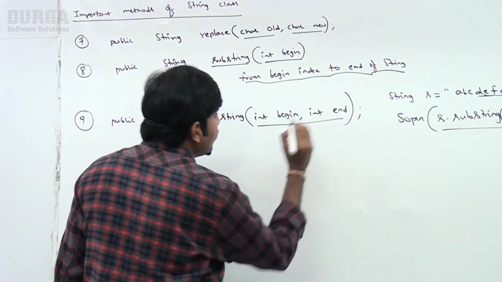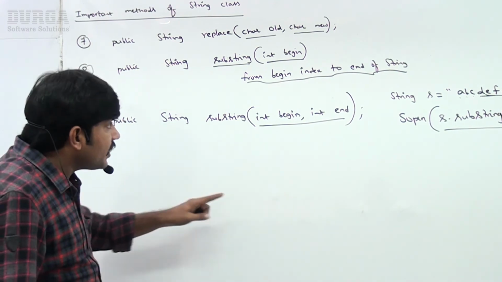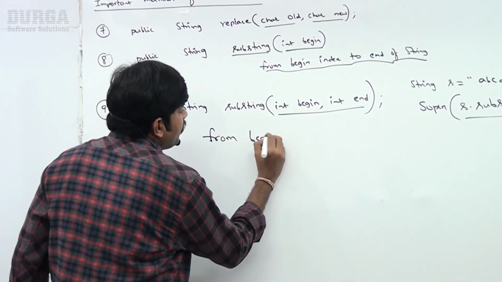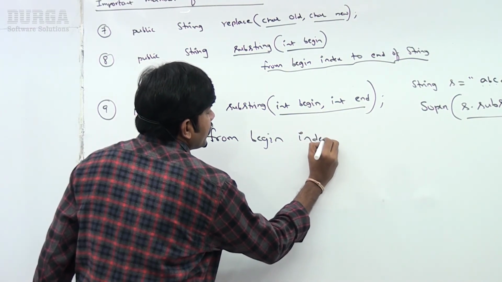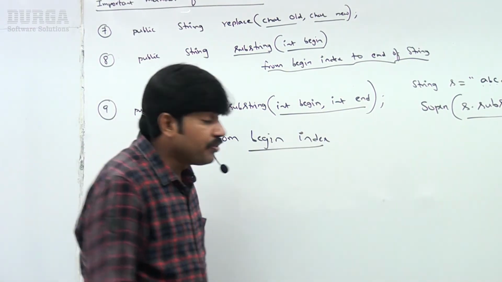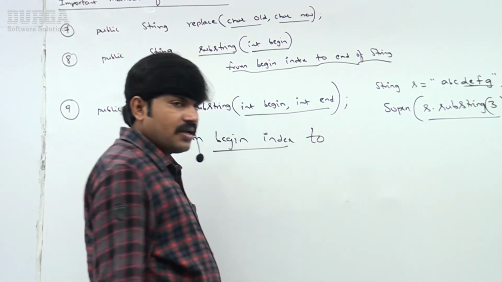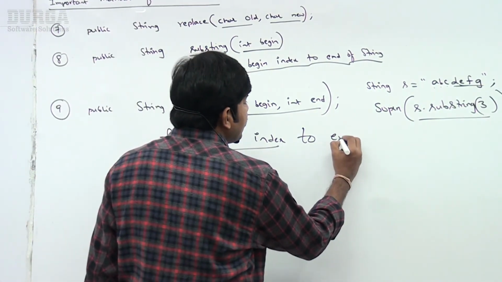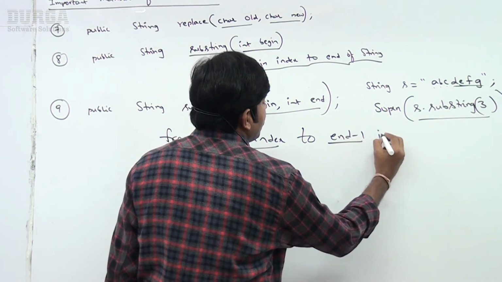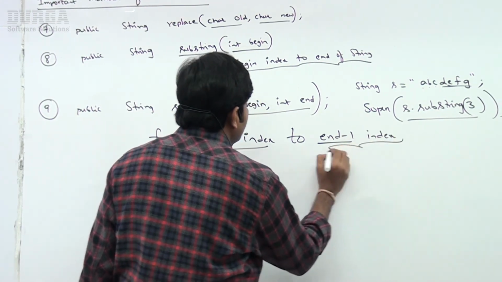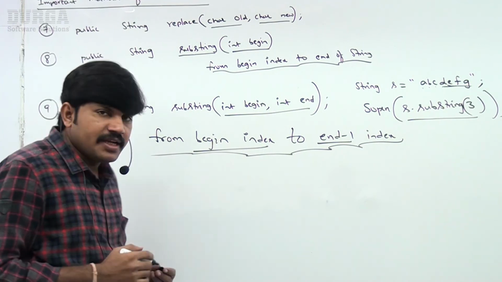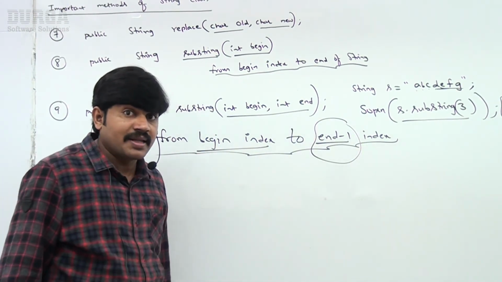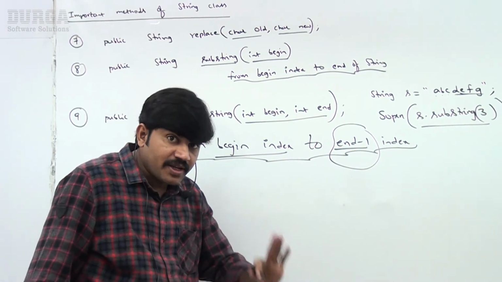It returns the substring from the begin index to the end minus 1 index. Returns a substring from begin index to end minus 1. This is a very important point: not the end index, but end minus 1.